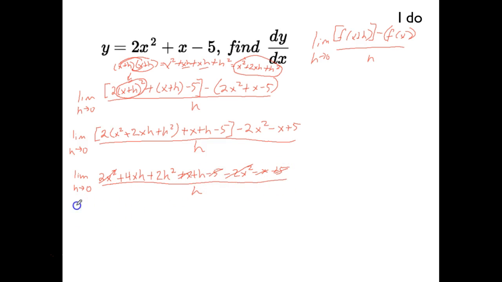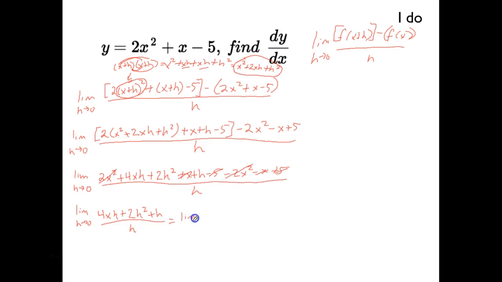Okay, and we're left with the limit as h approaches 0 of, on top, 4xh plus 2h squared plus h, all over h. If you notice, every single term here has an h, so we can factor an h out.